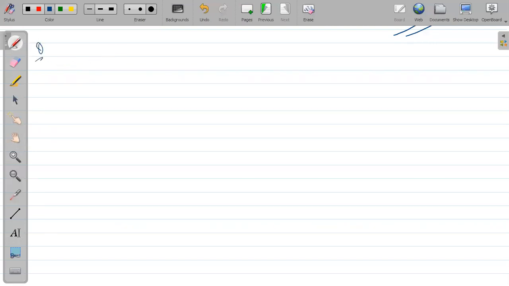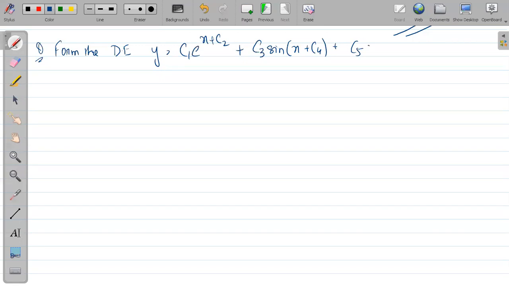So I am giving the question. Form the differential equation. To form the differential equation, we always look to differentiate the given equation. So here C1, C2 ये सब क्या है? आपके parameters है. Write it down.